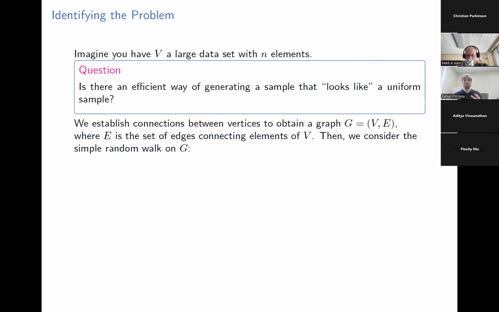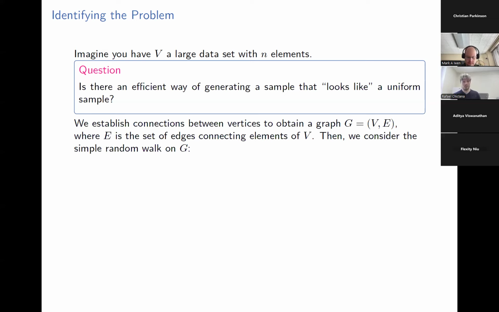So there are many methods that provide other ways of generating samples that are cheaper, and somehow the goal is to generate something that will look like the uniform sample. Maybe my set is so big that I cannot construct a uniform sample, since that would take too many steps, too much time. Can I construct a cheaper sample with similar properties?